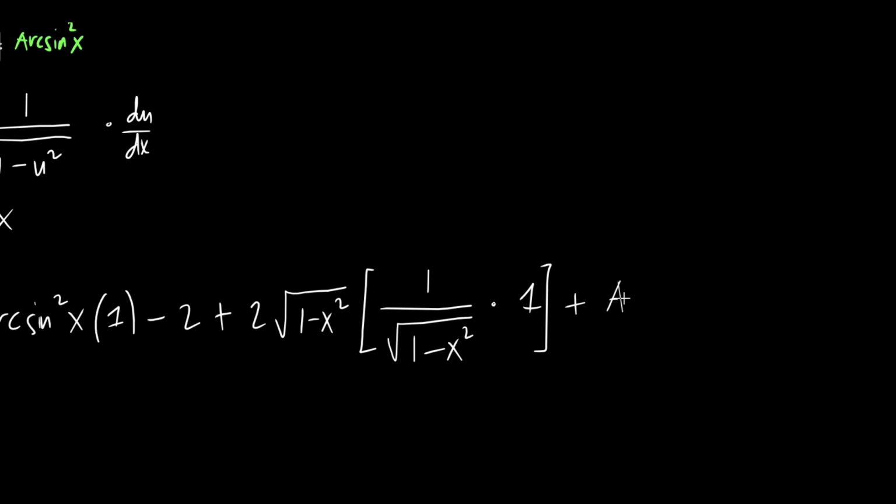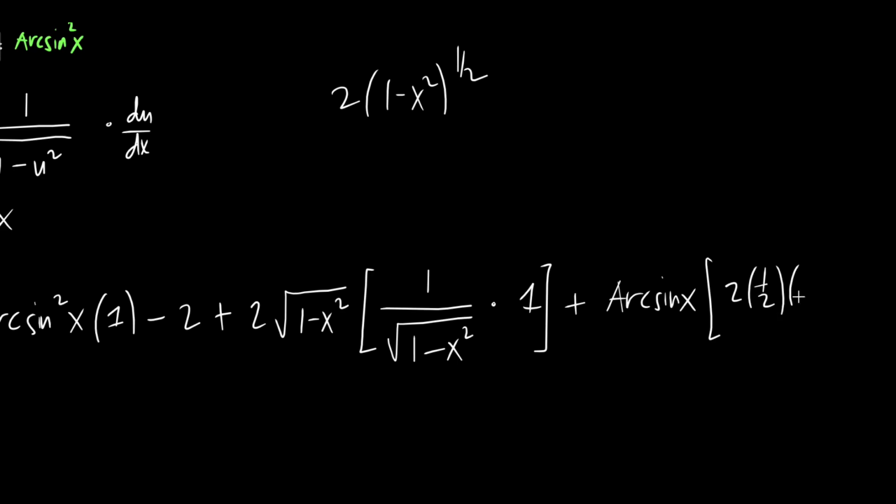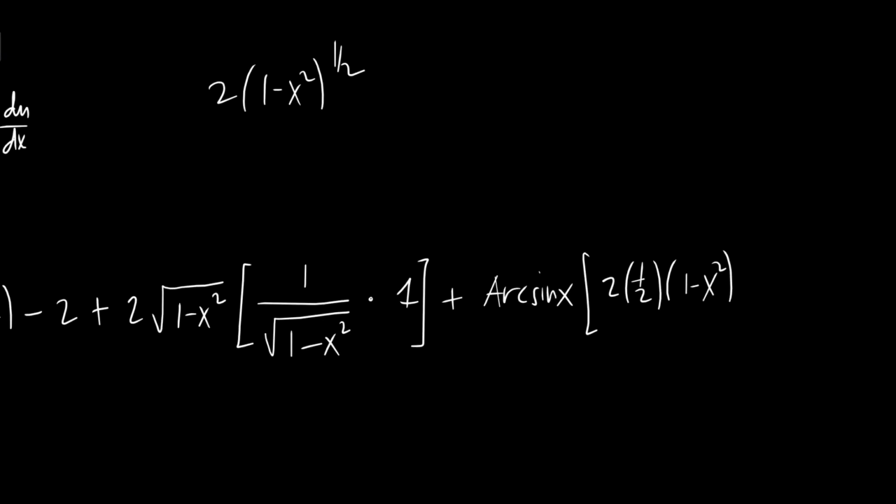Now the derivative of 2 times 1 minus x squared raised to the power of 1 half: that is 2 times 1 half, copy the inside 1 minus x squared, and 1 half minus 1 is just equal to negative 1 half. The derivative inside is negative 2x. So we'll now simplify this one: we'll cancel this one, cancel this one.